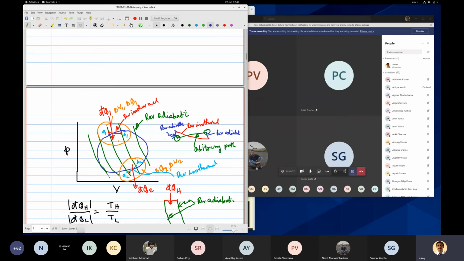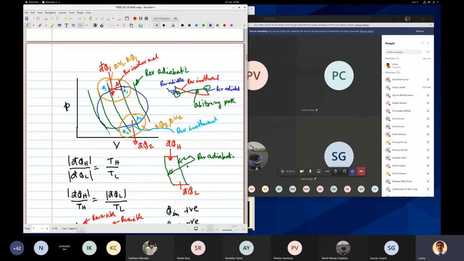Similarly, this path here also, between this and this, can be converted to a zigzag path: reversible adiabatic, reversible isothermal, reversible adiabatic. Having the same delta Q1, delta W1 here, and here also the same delta Q2, delta W2. So we have done that.